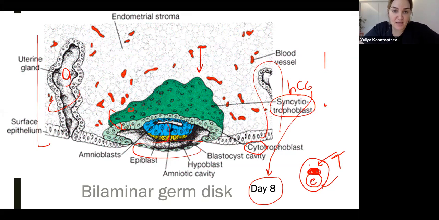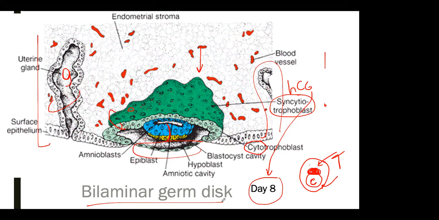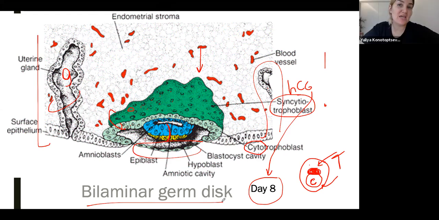Together, epi and hypoblast are known as the bilaminar germ disk. A very important question: when does the bilaminar germ disk appear? Day 8. Out of what? The inner cell mass, the embryoblast.